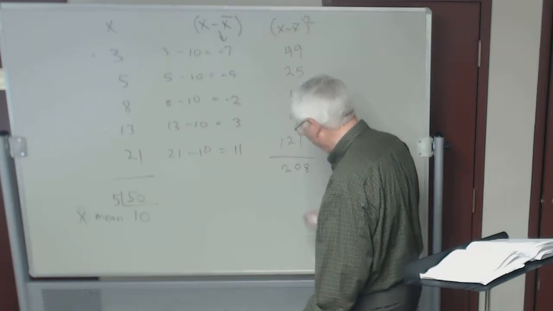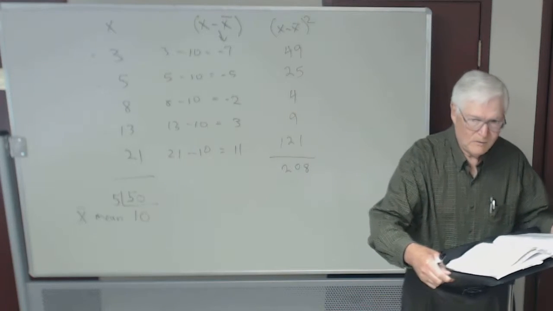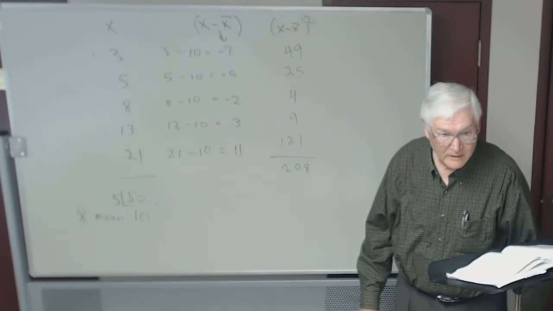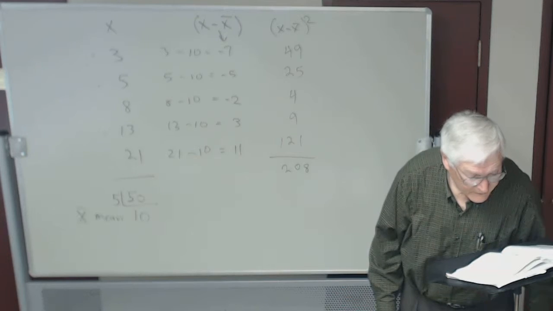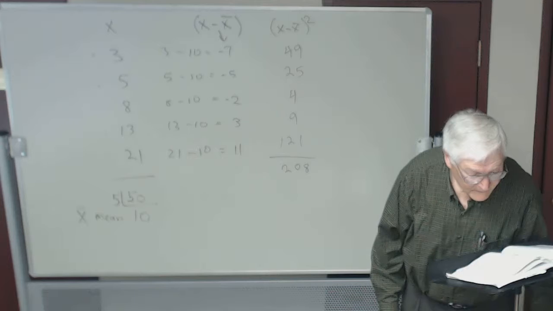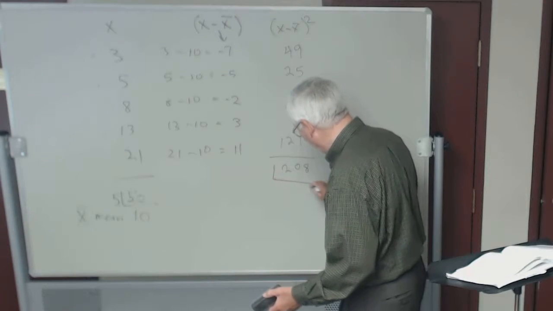Did I add them up right? Good. Okay. So now what do I do? You divide it all by, what's the divisor? Now you would think 5, right?